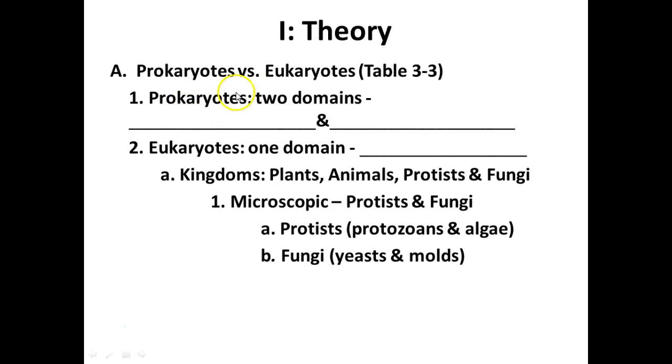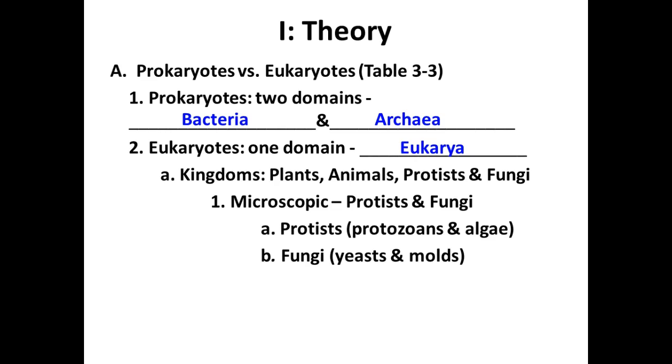So when we talk about prokaryotes versus eukaryotes, as it relates to the domains, which two domains that we're not covering today contain prokaryotes? Bacteria and archaea. What one domain contains eukaryotes, which is the focus of this lab? Eukarya. That one's easy. So again, there's some flux here.